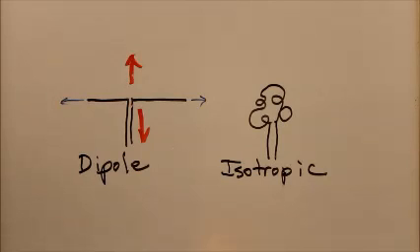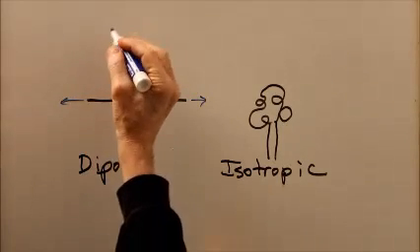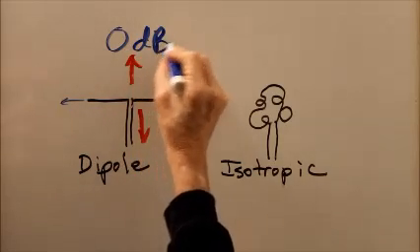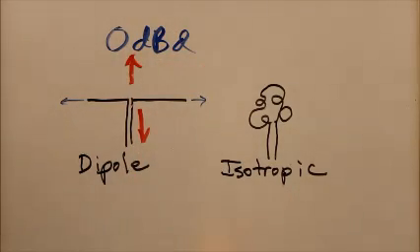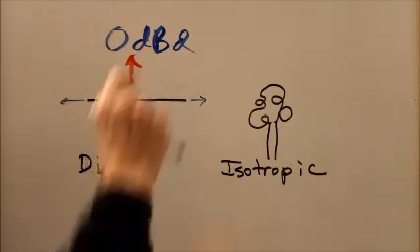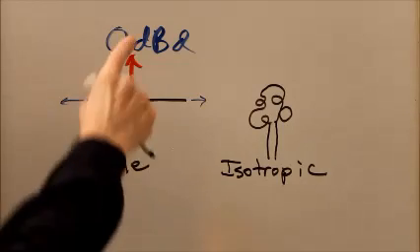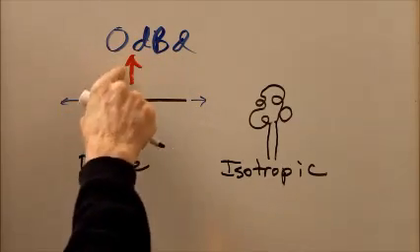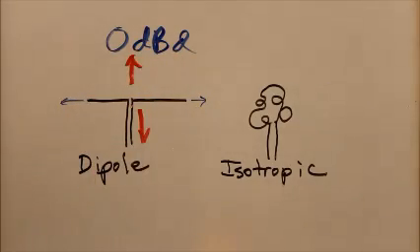Well, if we say that this is 0 dBd, now dBd means decibels with respect to a dipole in its favored direction. So 0 means that it's the maximum gain of the dipole in its favored direction. 0 dBd, 0 being the reference level.